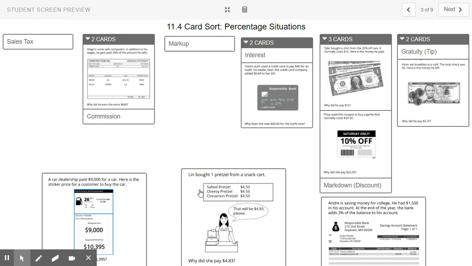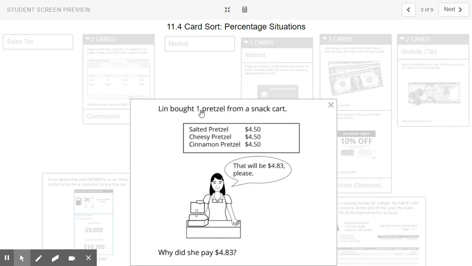All right, let's look at Lynn. Lynn bought a pretzel from the snack cart. So here's the price list. They're all $4.50. However, she had to pay $4.83. Now, a lot of people like to tell me that this is a tip. However, it's not.